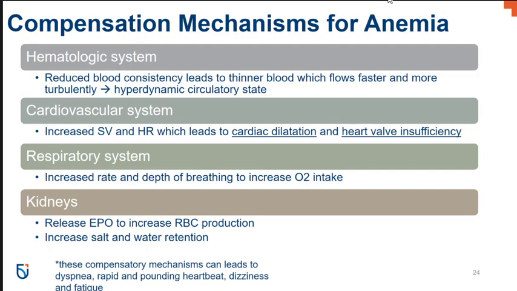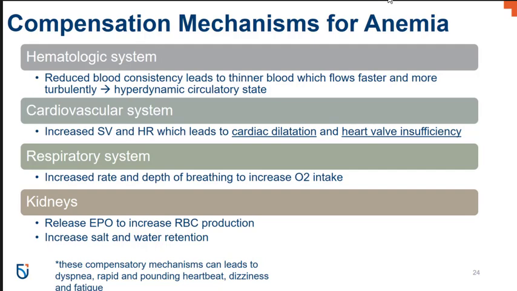This is going to reduce the overall blood consistency, making it less viscous, almost watery, because there's less red blood cells making up such a big part of our formed elements, such a big part of our whole blood. And so the blood is going to be thinner and it's going to flow a lot faster. And blood that is thinner, that flows faster, is going to flow more turbulently, leading to a hyperdynamic circulatory state, just moving so quickly. And that in itself can have negative effects.